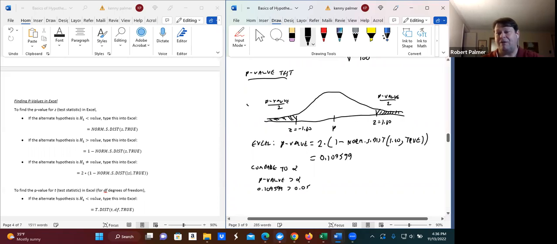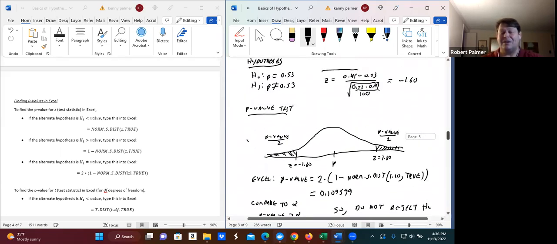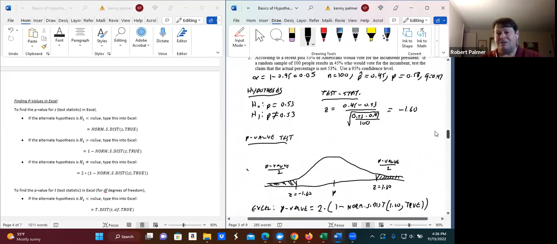Remember, alpha for 95% is 0.05. So in this case, we do not reject the null hypothesis.